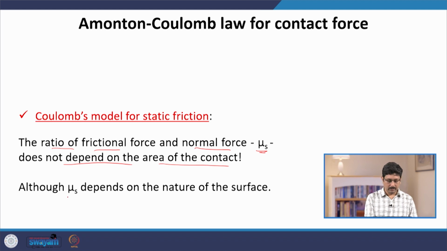Although I should mention that these mu s do depend on the nature of the surface. So, the frictional force between a book and the wooden table and between the book and the wrought iron table are going to be different.